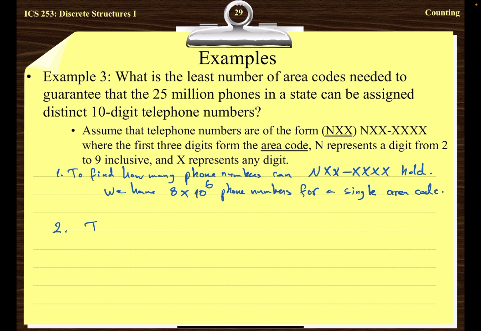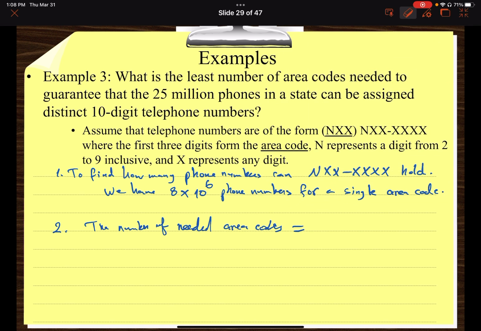So the number of needed area codes equals 25 million divided by 8 million, where 8 times 10 to the power 6 is basically 8 million, and then we need to take the ceiling.